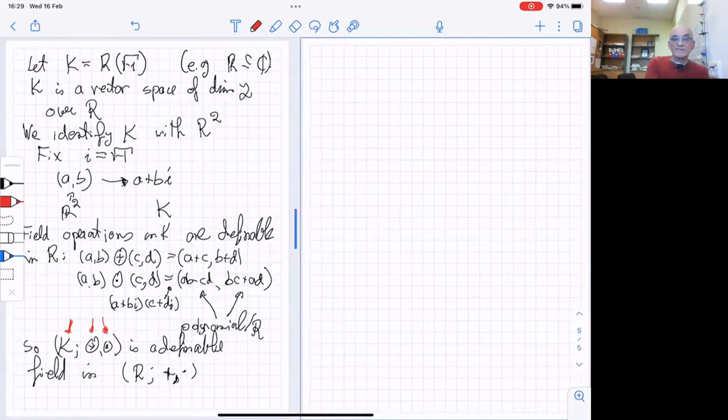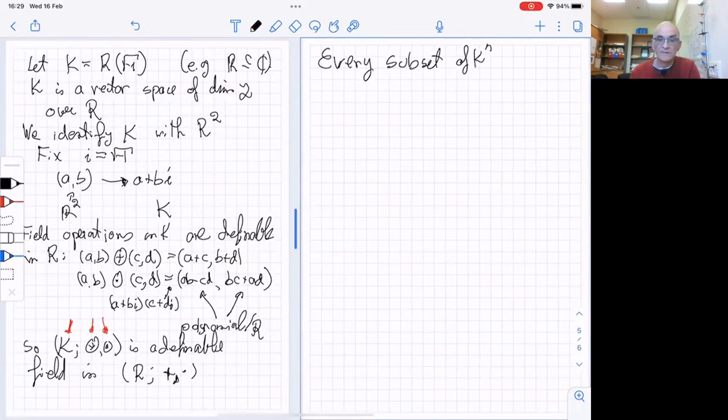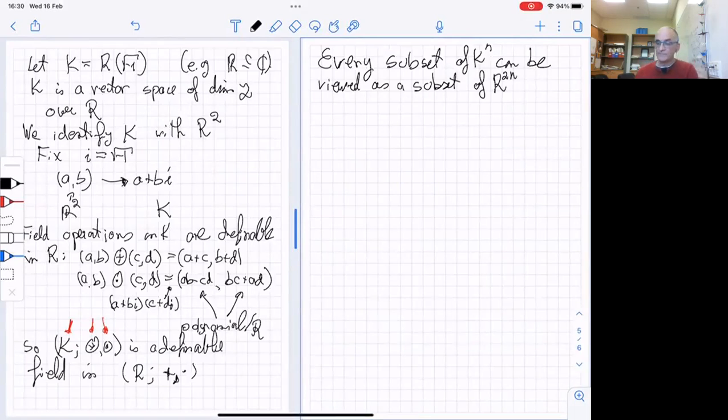So what do we get from that? Now every subset, first of all, every subset of K^n can be viewed under this identification as a subset of R^2n, because we identified K with R2.